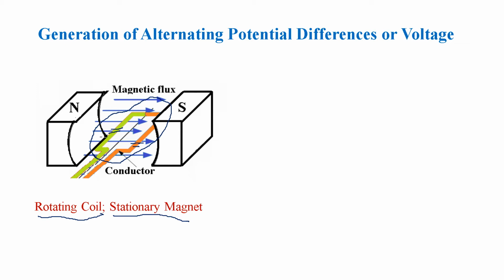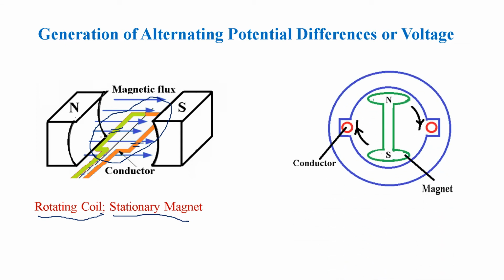Another way we can generate this AC voltage is the reverse condition. Here the magnet is rotating, and these two are the coil, which are stationary.